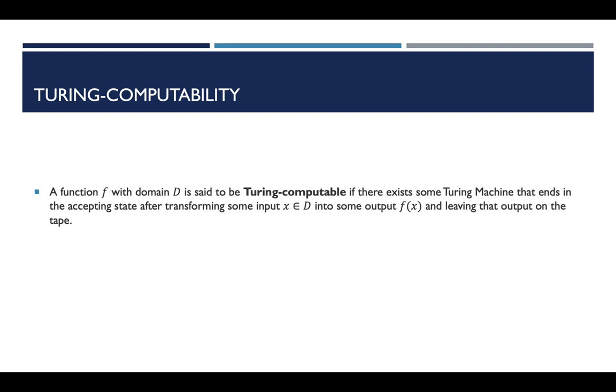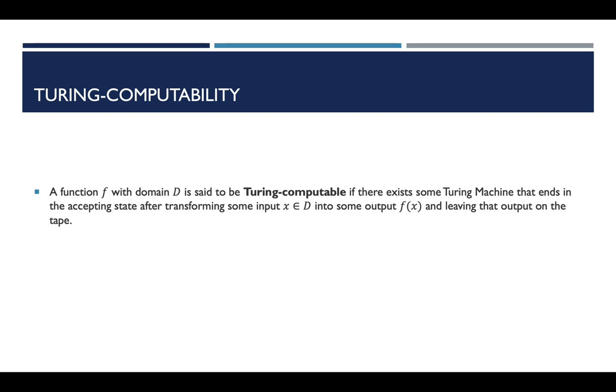What Turing computable means is that if I have a function, not necessarily a mathematical function, but any function that has a domain in which we have elements, and it has a range in which we can map those domain elements to, there exists a Turing machine that can take that initial input and can stop in an accepting state that results in the range element being represented on the read-write tape.